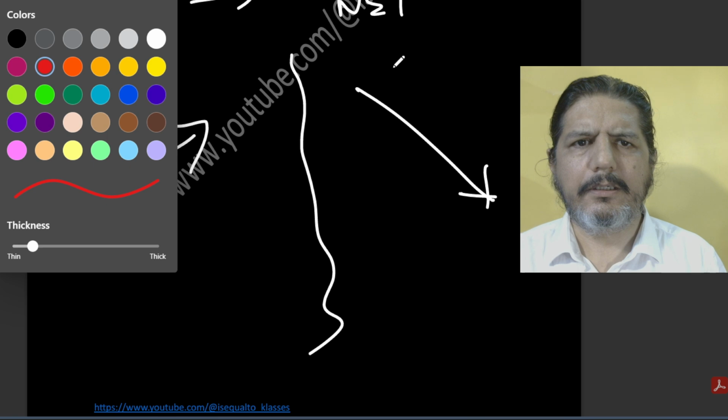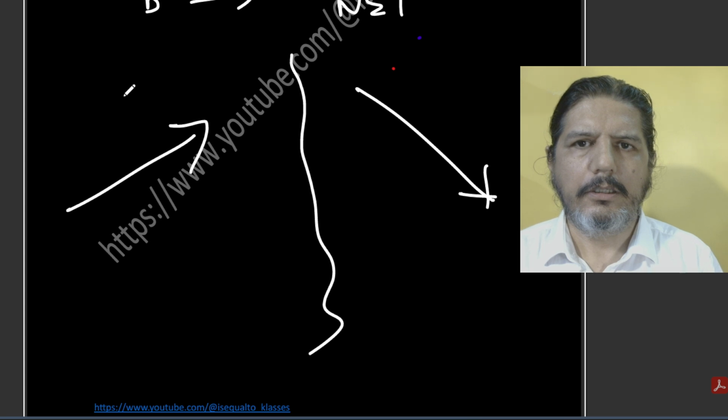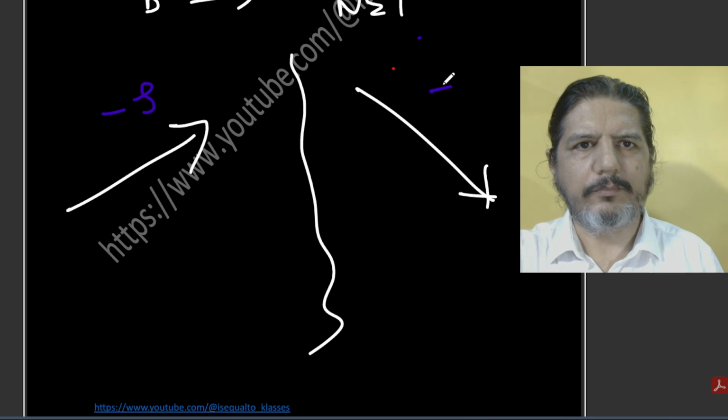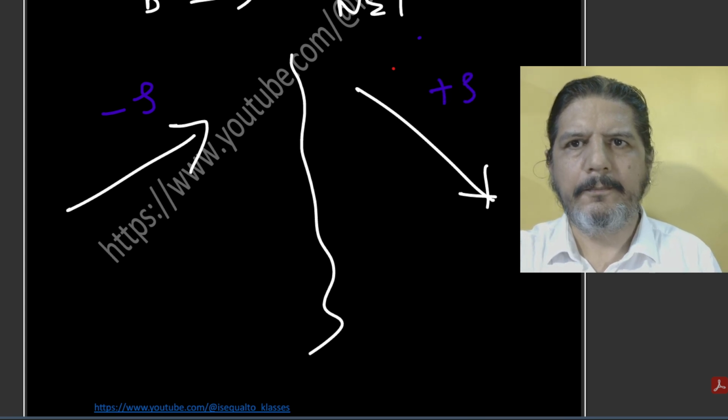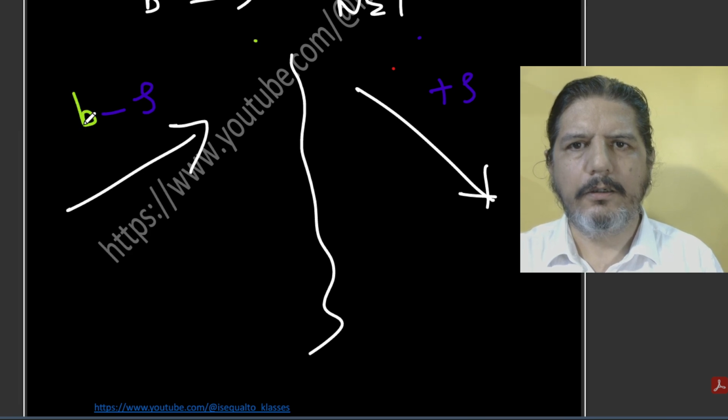Because it becomes a bit easier to understand. So when you are going upstream, the speed of the stream would be subtracted, and when you are going downstream, the speed of the stream would be added to the speed of the boat.